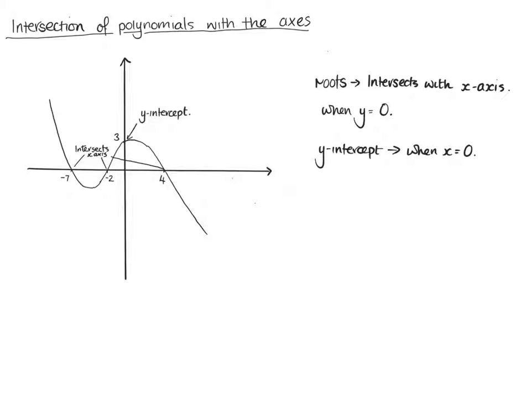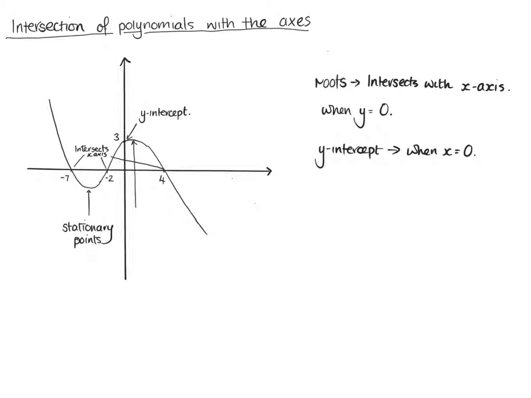And the last thing that we have are stationary points. At the minute, these won't mean very much, but they will become a lot more important as we go through the higher course.